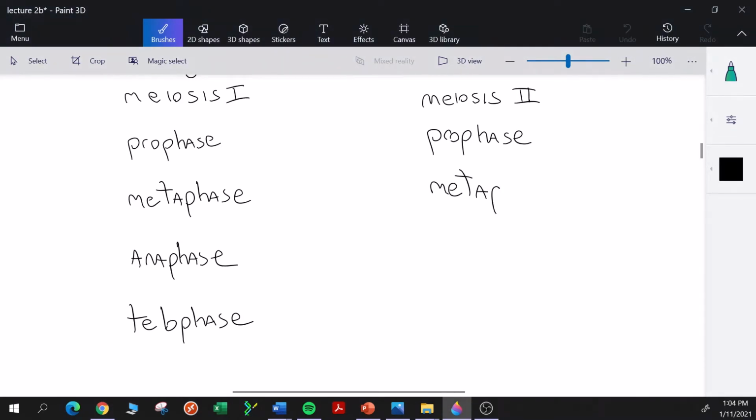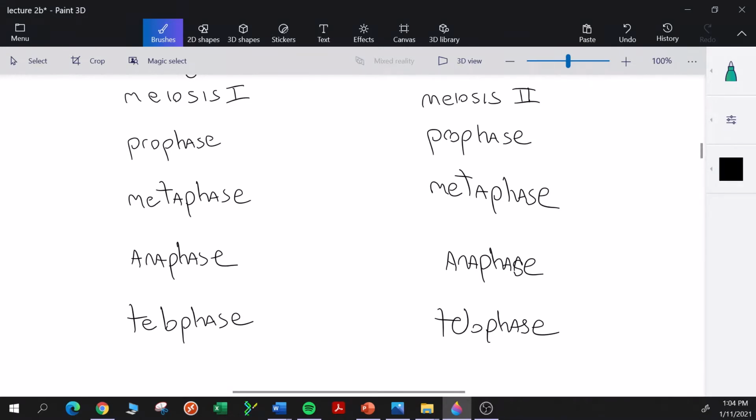So prophase, metaphase, anaphase, and telophase. Now you might notice that there is no prometaphase defined for either meiosis 1 or meiosis 2. When we talked about mitosis, we included a prometaphase between prophase and metaphase.